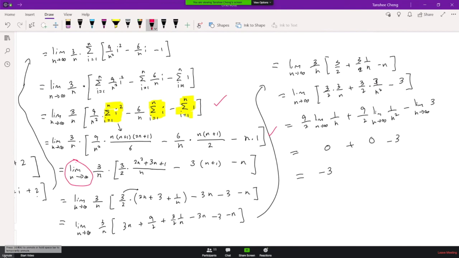Questions, difficulties before I move forward on the properties of integral, which you will use later? For the formulas, it's just summation formulas, right? Yes. Okay. The summation formulas you need to remember.